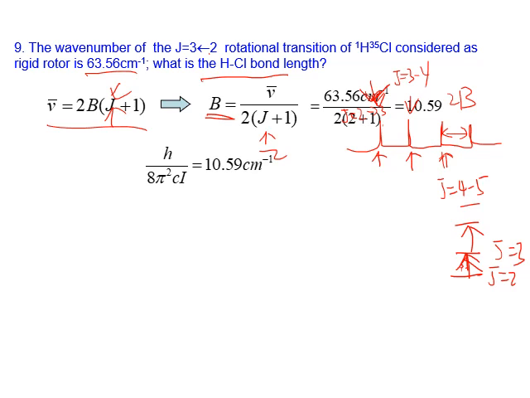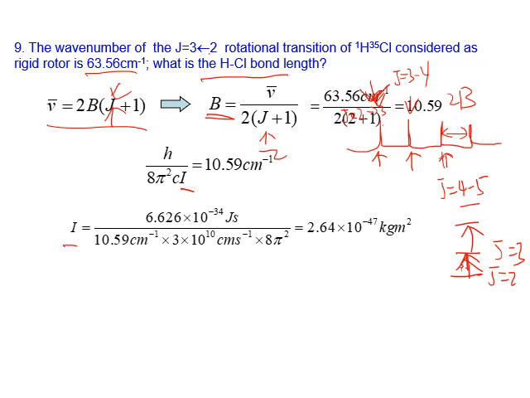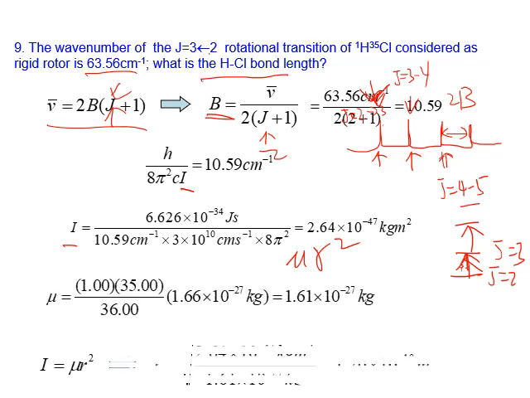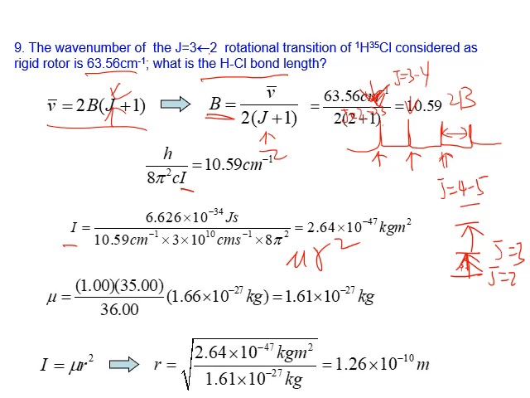B is h divided by 8 pi squared c I. So you calculate I, the moment of inertia. And I is the reduced mass times r squared. So calculate mu, and then calculate r. This is similar to the last question. So r is 1.26 times 10 to the minus 10 meter.